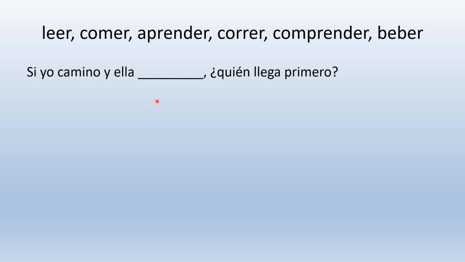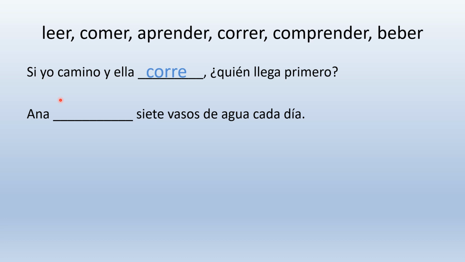So, our answer is ella corre. So, I'm going to read it and then you repeat. Si yo camino y ella corre, ¿quién llega primero? If I walk and she runs, who arrives first?